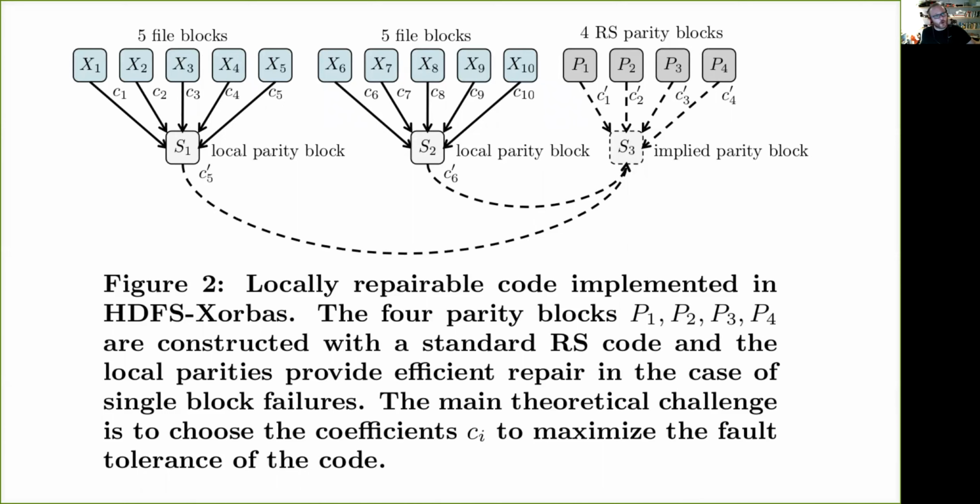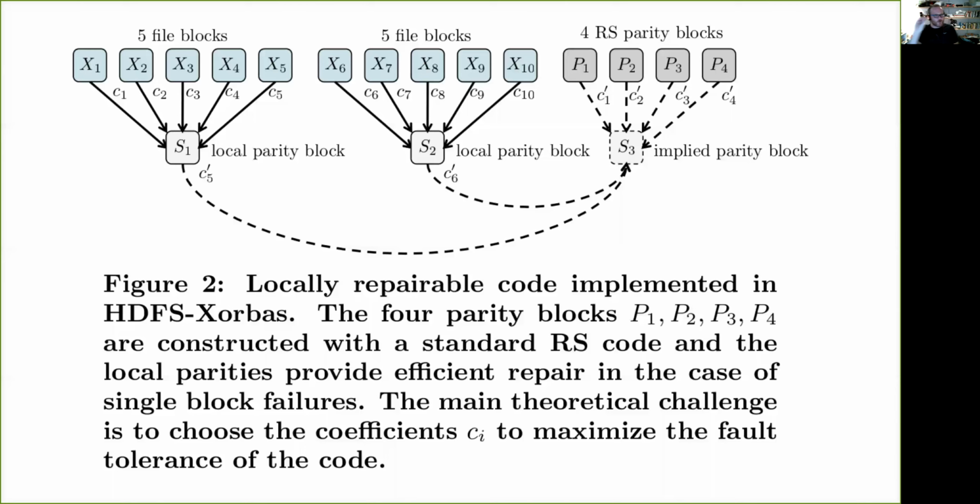We've also got local parities, which we then can have an implied parity. So implied means kind of derivable from other things we know. It means only by looking at S1, S2, if we lose a parity block, we only need to look at S1, S2, and the other 3 parity blocks in order to reconstruct the parity block.